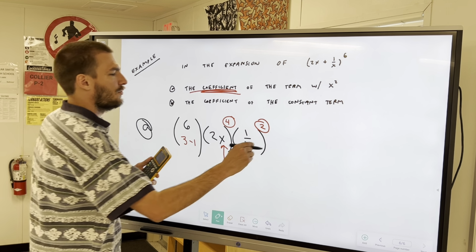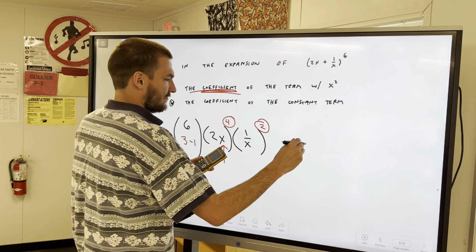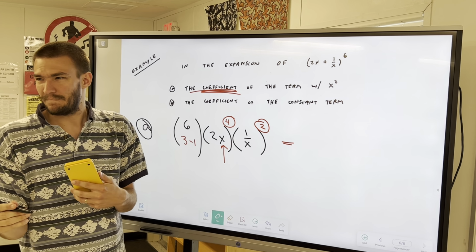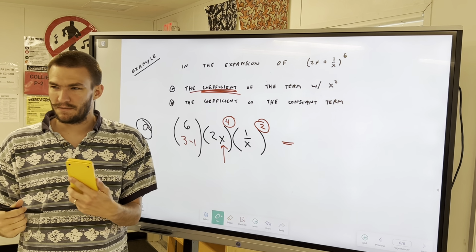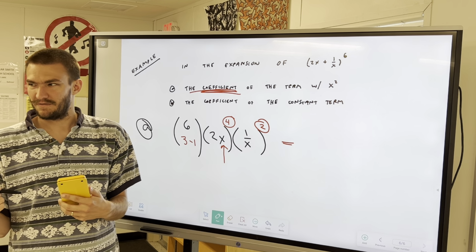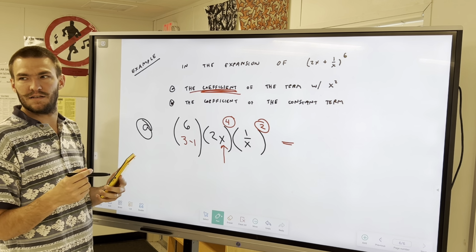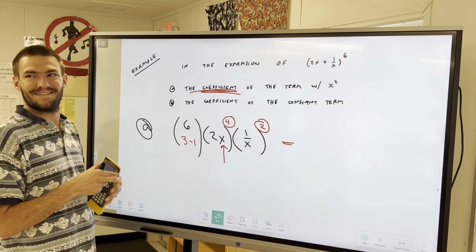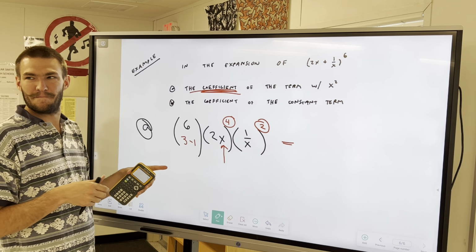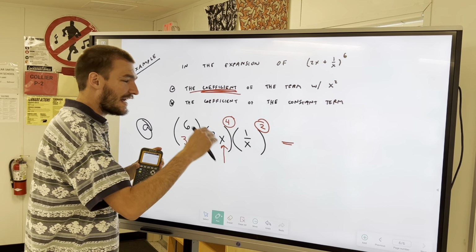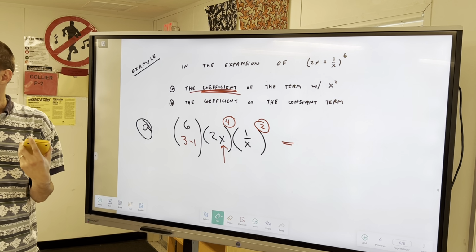Did anybody get the coefficient of this term? It's a 3-digit number. Ends in a 0. What do you got, Luke or Jack? What do we got? Don't type in the x's because the x's are going to mess you up.